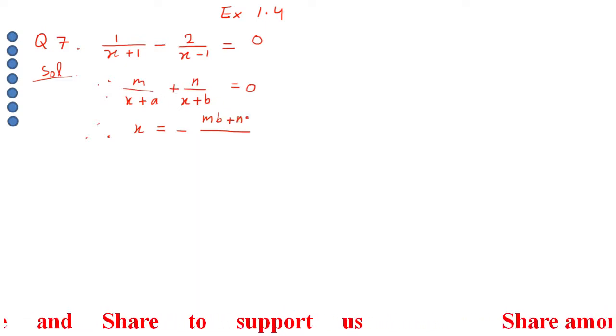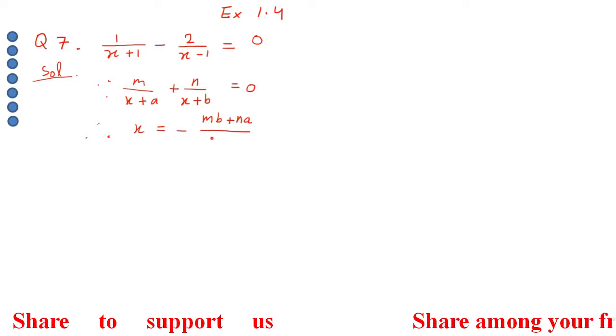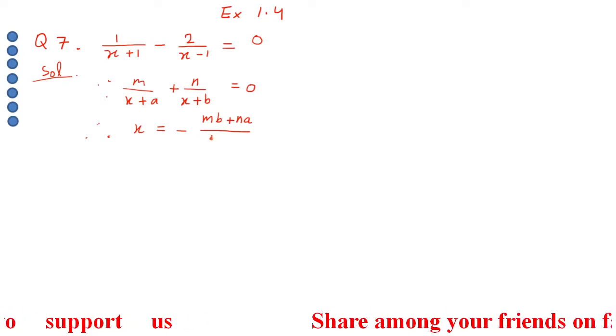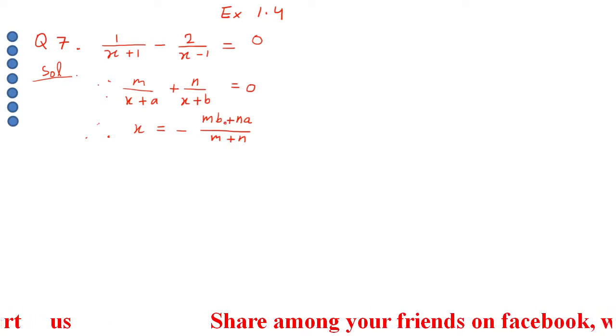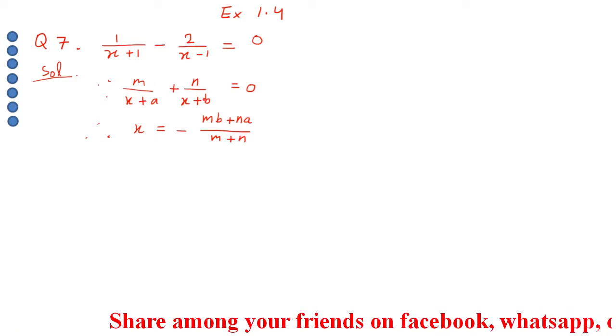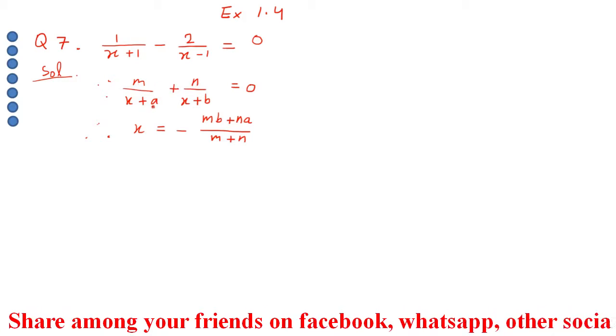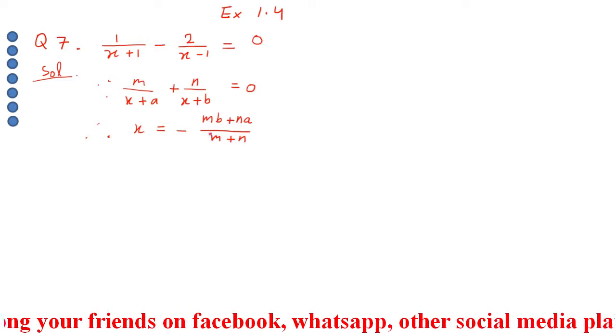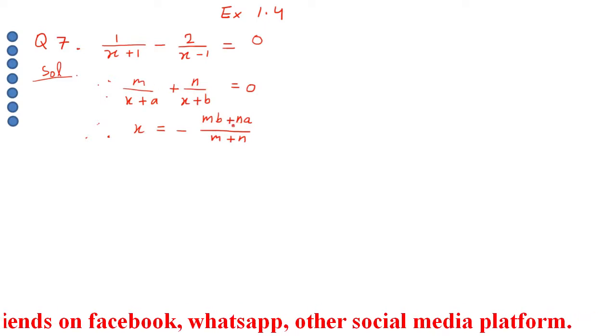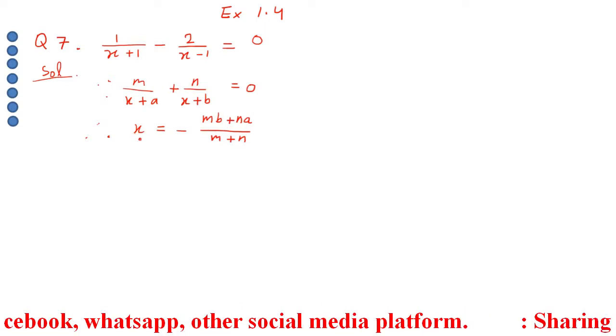So n a upon m plus n. So very easy to learn. How we started? m b, then plus n a upon m plus n. So if we substitute the values in this, we will get the solution of x.